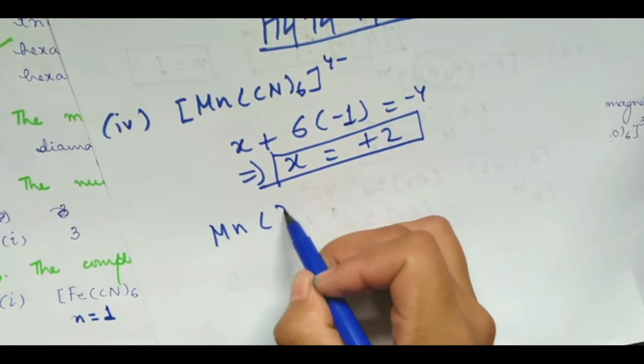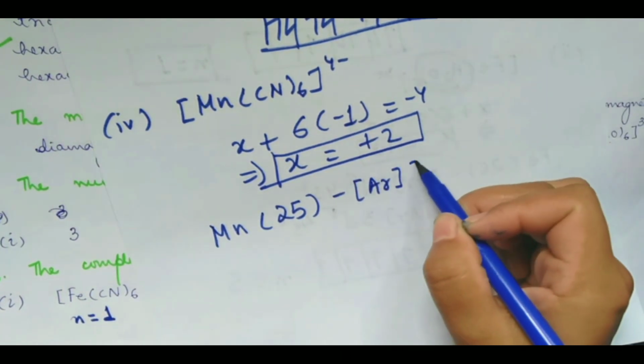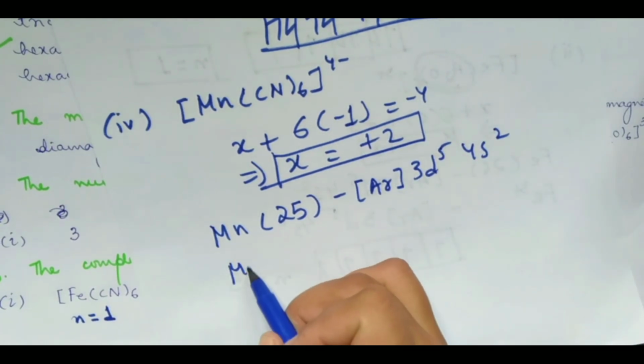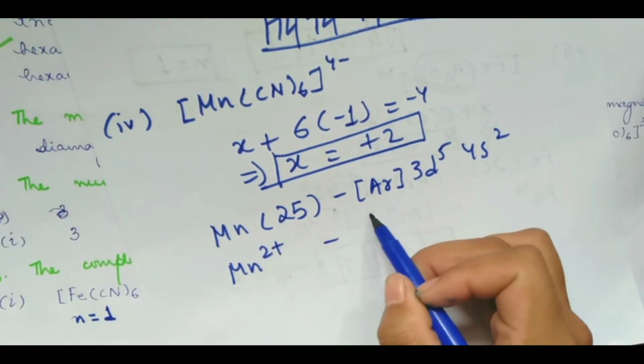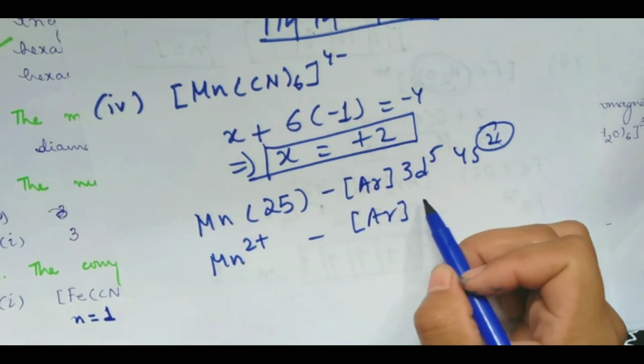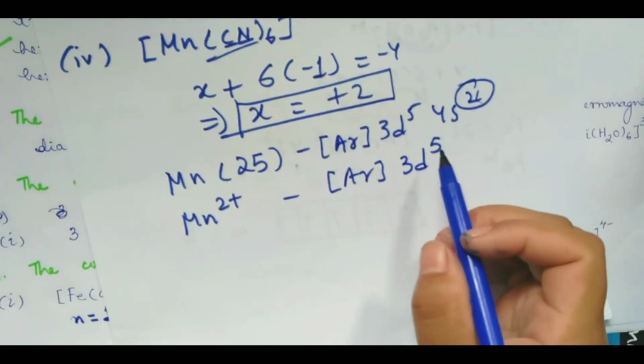Next, write the electronic configuration. Argon 3d5 4s2. In the +2 oxidation state we have argon, 2 electrons are lost from the 4s, we are left with 3d5. This is a strong field ligand.